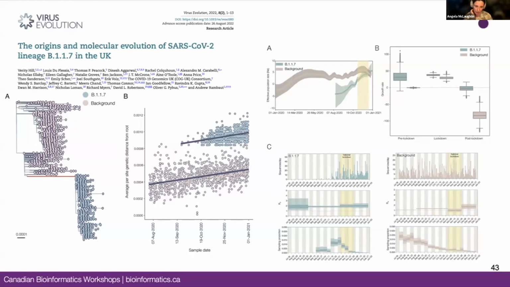This is an excellent paper by Verity Hill and group and the Rambo lab, where they looked at B117 as well as background lineages of its parental B1 origin to look at, first of all, whether there was a different molecular clock rate or a different slope between those two groups, which they found, oh, even though they form two different clusters, if you will, of data, the slope is the same. It's just that there was something that happened in between that was strange.